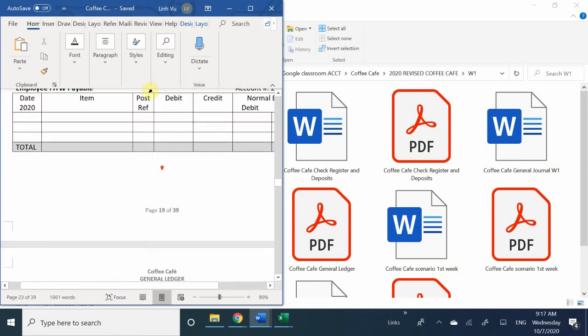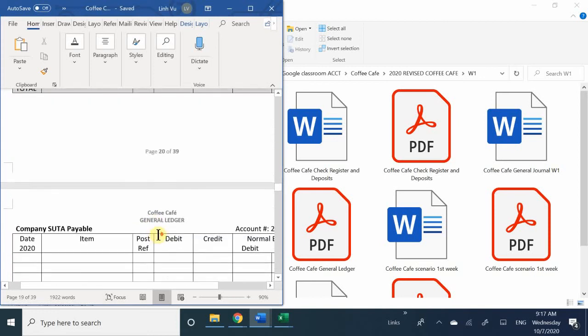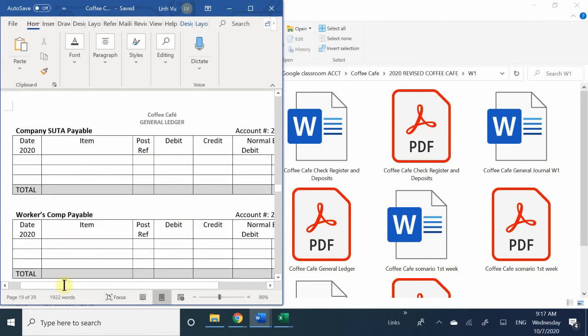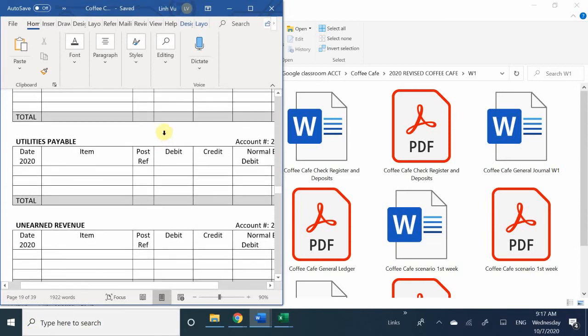So your assets are going to cover the first 17 pages. Then it goes your liabilities, and then your equity starts on page 23. And so on and so forth. Your revenues first, then your cost of goods sold, and then lastly, your expenses should cover the last 5 pages.